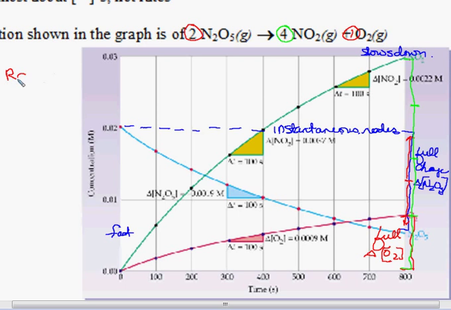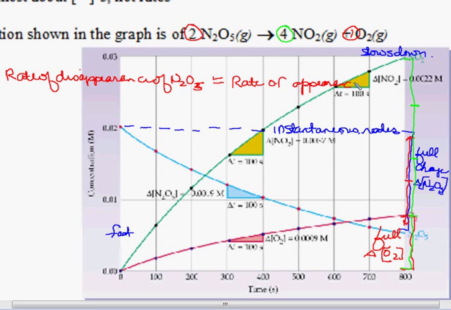So if we wanted to know the rate of disappearance for the dinitrogen pentaoxide, and make it equivalent to the rate of appearance of our NO2, we could set our 2 rates equal.